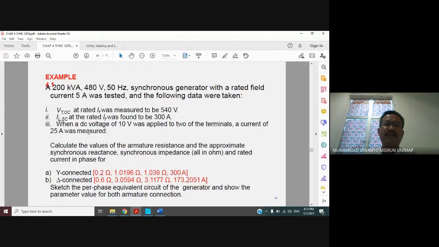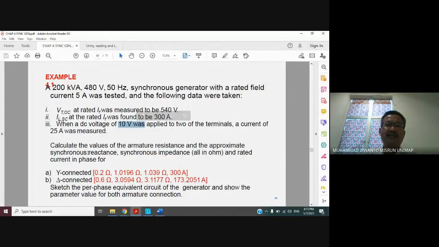Ya, dia cakap katanya ini tadi kan in the open circuit test, yang ini short circuit test, yang ini DC test. When the DC test, 10 volt is applied in the rotor, and then the current is measured. DC current measured 25 amperes.